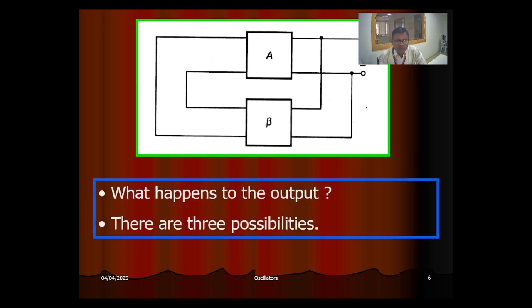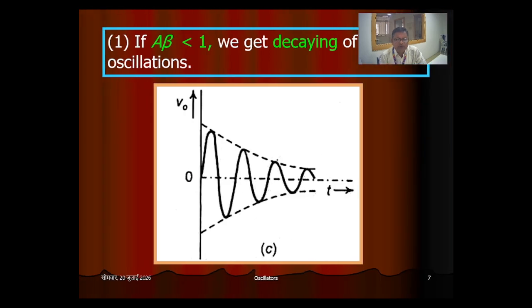There are three possibilities. First, if A beta is less than 1, that is the fraction of output to the input times the gain without feedback, we get decaying damped oscillations. That is, the output will slowly decrease with increasing time. At the initial time V0 is maximum, and as time goes on, it decays. So it is not a proper oscillation.